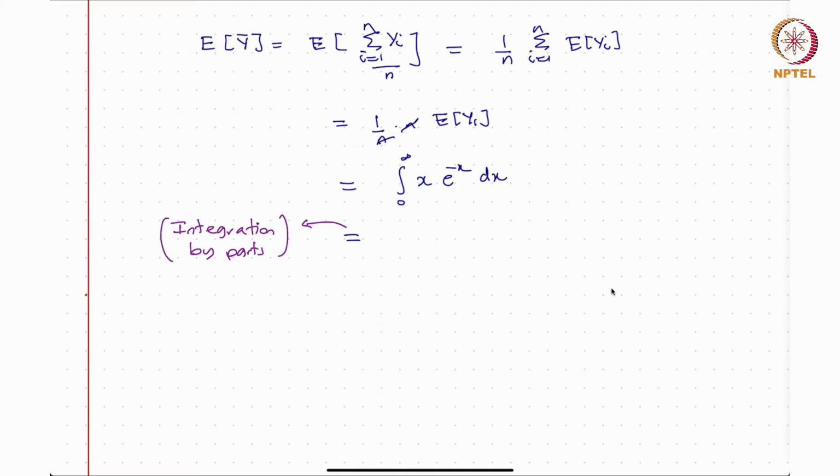You get the first term, x times minus e to the minus x from 0 to infinity, minus the integral from 0 to infinity of the derivative of x, that's 1, times minus e to the minus x dx.